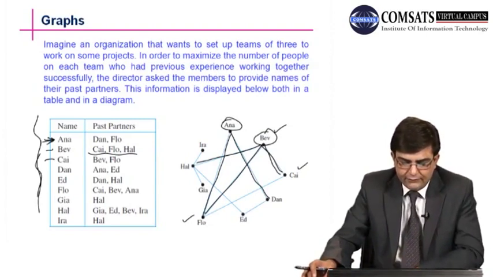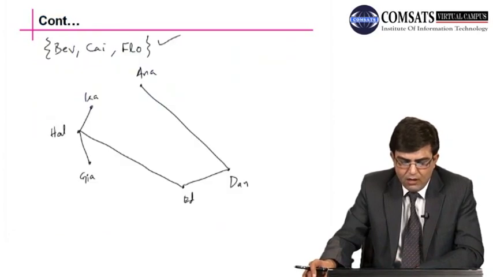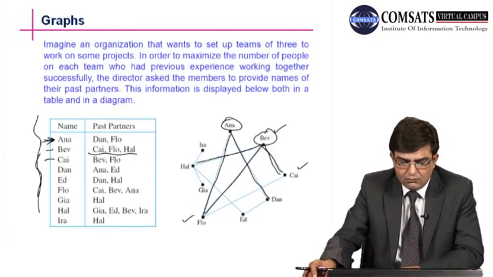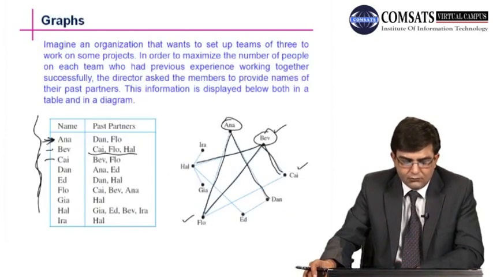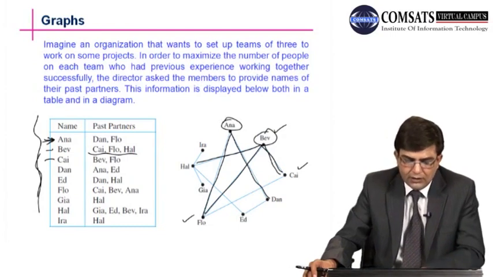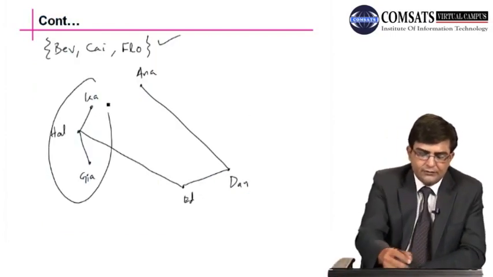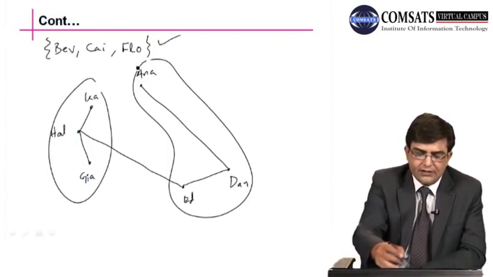In that case, if we set up a team of Anna, Dan and Ed, Anna has worked with Dan and Ed has worked with Dan. So we set up a team of these 3 and a team of these 3.